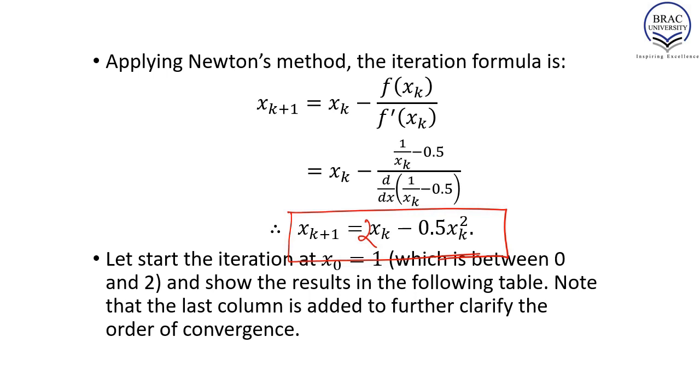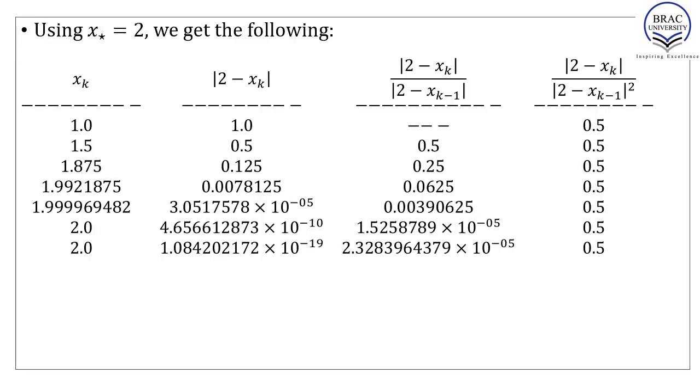Now using this iteration formula, we start the iteration with x0 equal to 1, and then make a four-column table. The first column is the iterate x sub k, the second column gives the error term, the deviation from the actual root, and the third column is the familiar ratio, which, according to the convergence mapping theorem, will get smaller and smaller but non-zero.